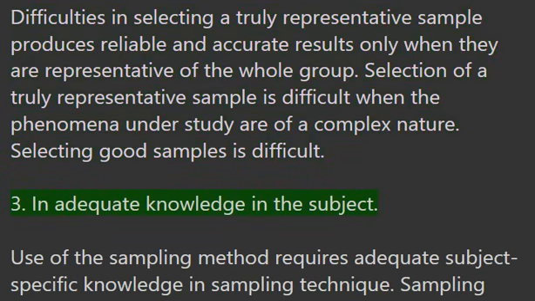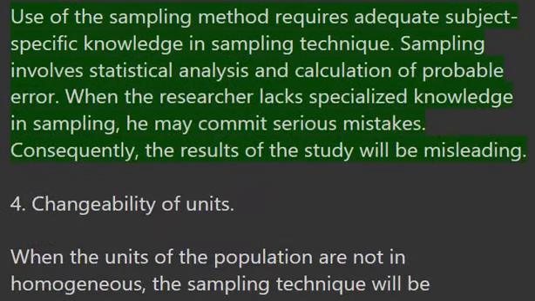Inadequate knowledge in the subject. Use of the sampling method requires adequate subject-specific knowledge in sampling technique. Sampling involves statistical analysis and calculation of probable error. When the researcher lacks specialized knowledge in sampling, he may commit serious mistakes. Consequently, the results of the study will be misleading.